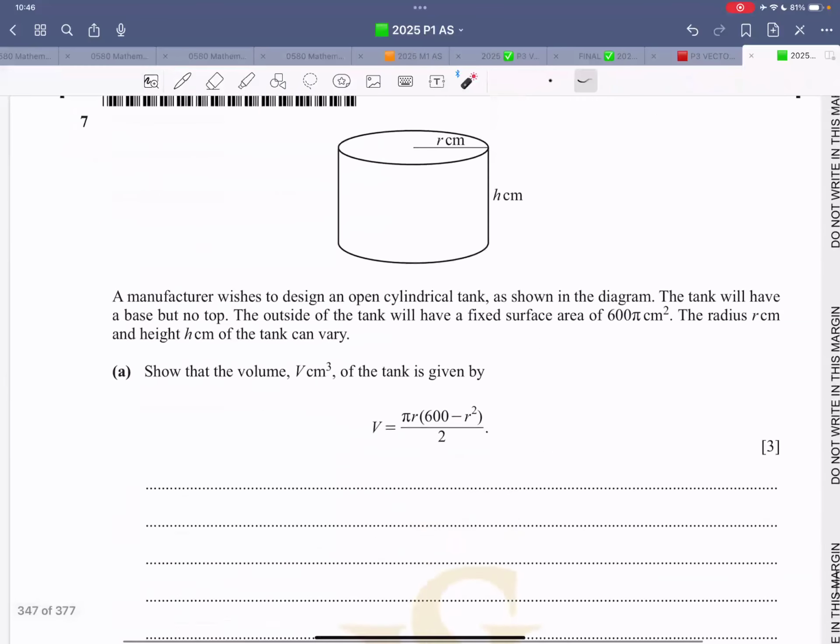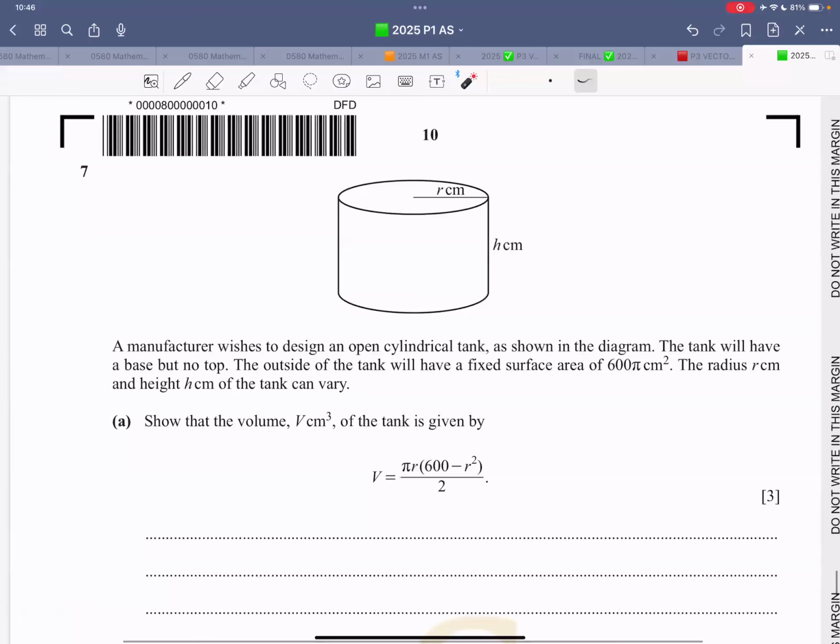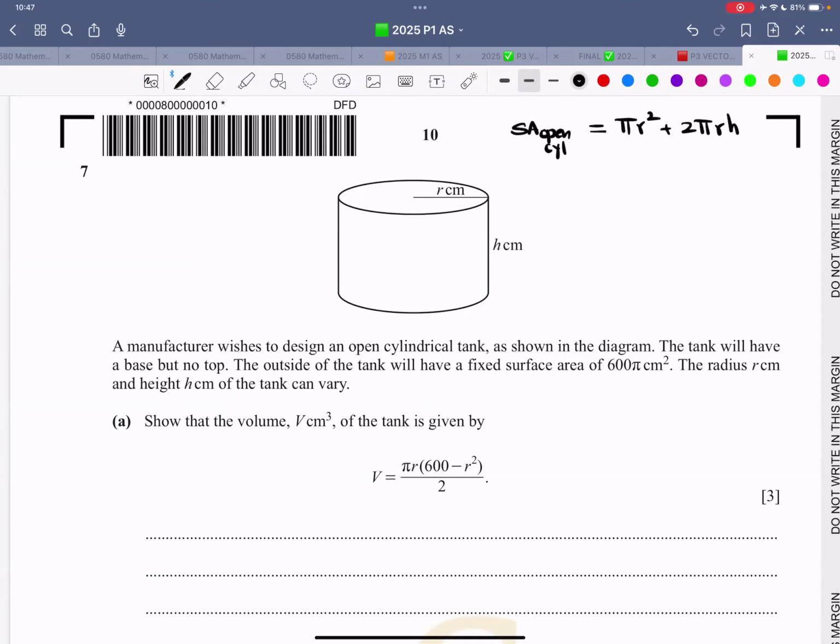Okay. So now over here, let me first write this out. The surface area of an open cylinder is pi r square plus 2 pi r h. That's the first thing. And now this is equal to 600 pi. So let me take pi common out. That is r square plus 2 r h.